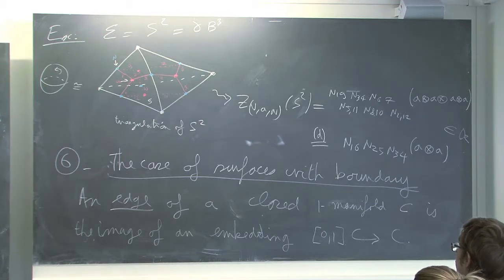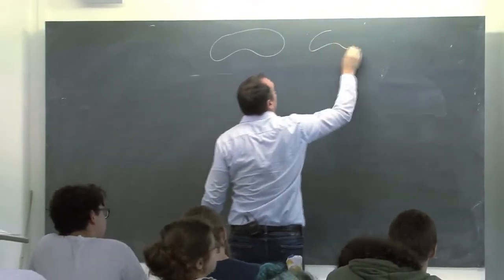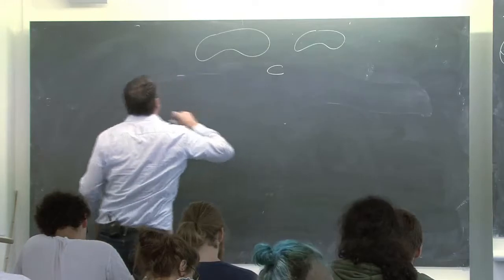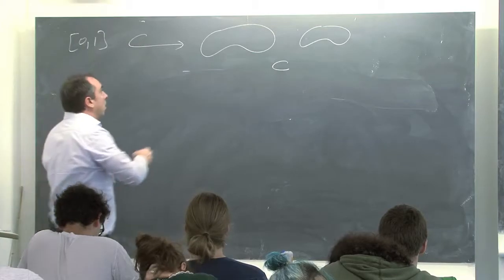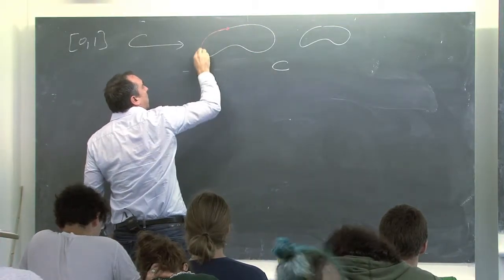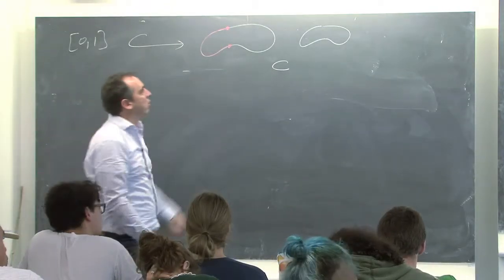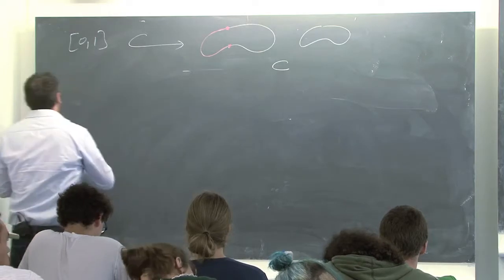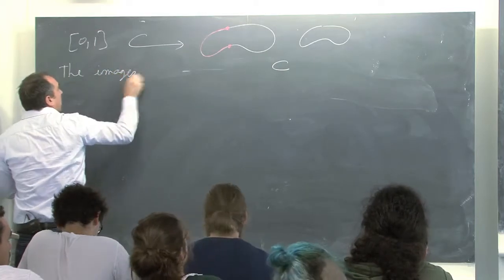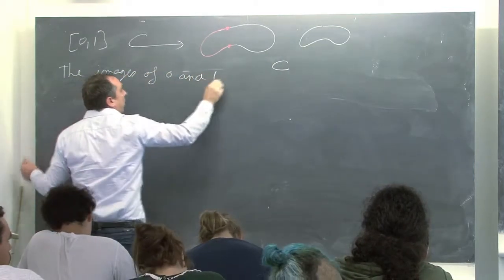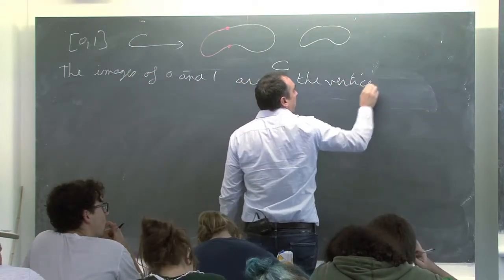So I can have, for example, the disjoint union of two circles. So this is my C, and I just embed the interval into C. And the images of 0 and 1 are called the vertices of the edge.